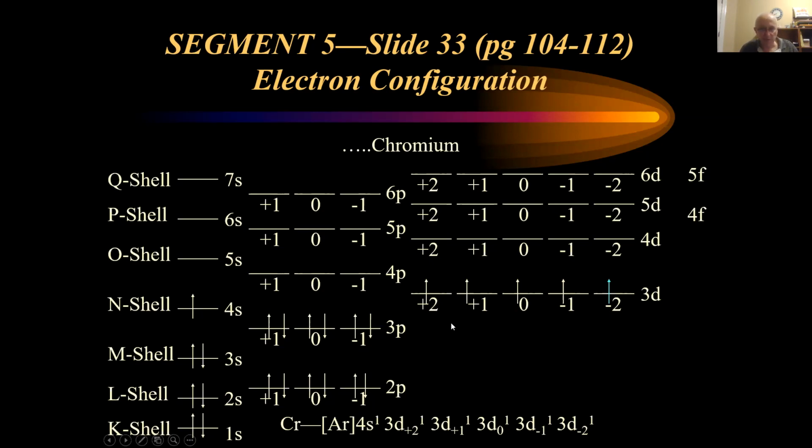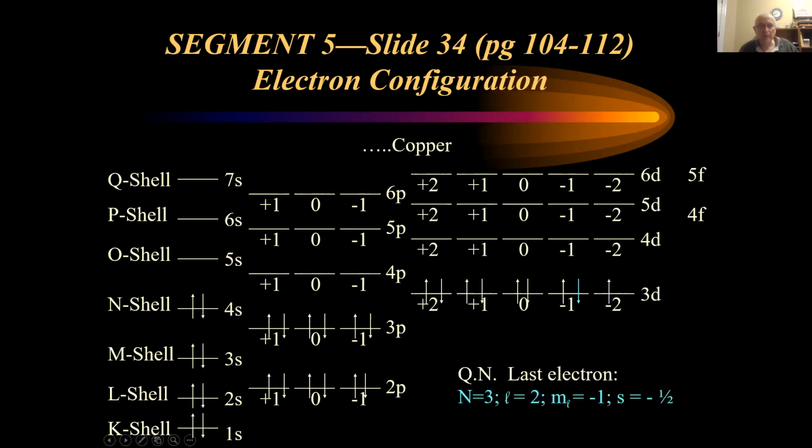Now, if you continued across the periodic chart, you do the same thing. After chromium, the next electron would go into this one to fill up that empty space that chromium had here. And then you'd start adding electrons across the d orbital.